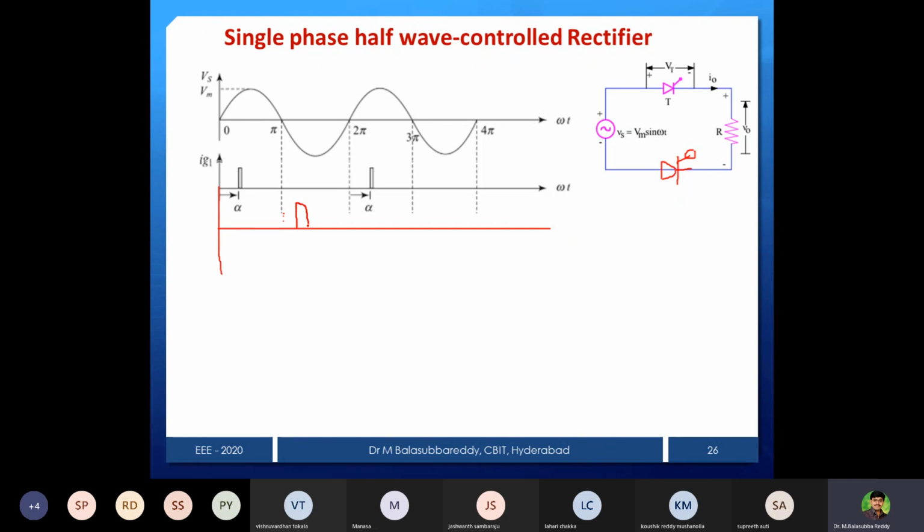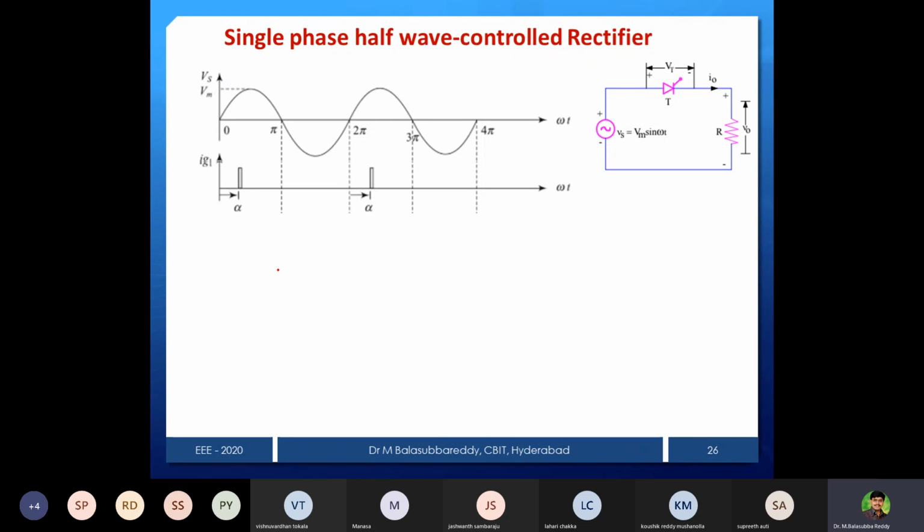So this is the firing pulse for the negative half cycle, this is the Ig2, for the second thyristor in the circuit. In a full wave rectifier, this one will be forward bias during the positive half cycle and this one during the negative half cycle. That is the difference between half wave and full wave rectifier: we need to provide the firing pulse additionally during the negative half cycle. So small changes only are required while you are drawing the waveforms.